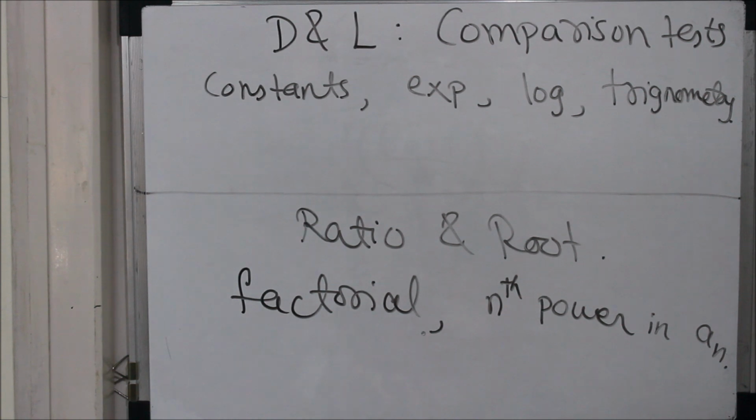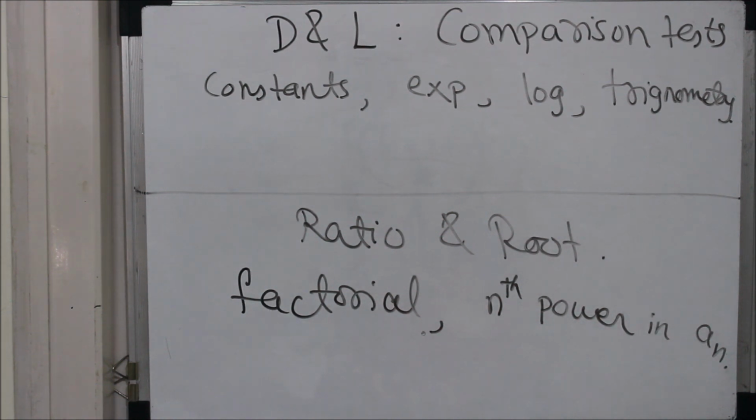For factorial, mostly you prefer the ratio test, and for nth power, sometimes both will work or sometimes only the root test will work. This is not a golden rule, it is just a suggestion that if you use these tricks, this will be useful many times.